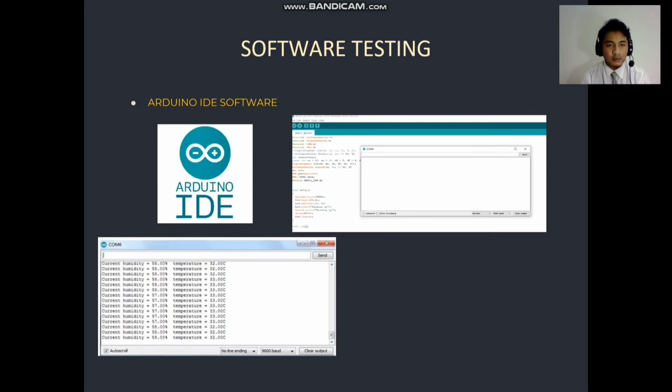Okay, this is my software testing. I am using the Arduino IDE software. In this software, we can create code to command our sensor that has been linked to the Arduino Uno board.